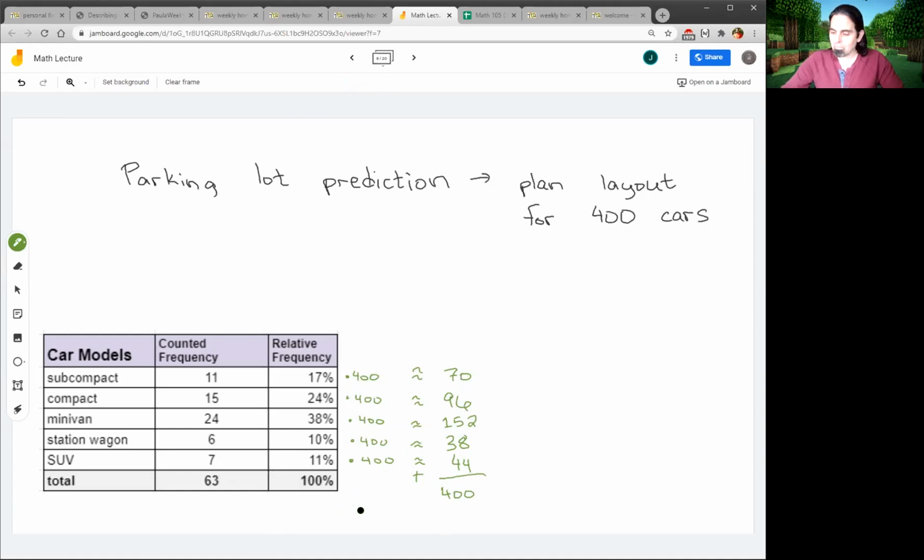Questions on that one? Remember for these that 17% of 400 equals 0.17 times 400.